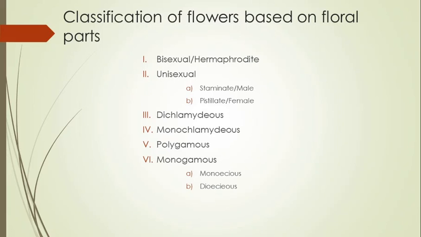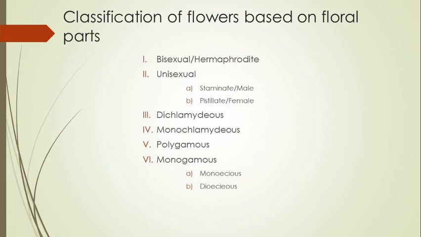So, based on the presence of these different parts that we have already mentioned, we find that flowers are given different terms to identify them. In bisexual flowers, the flowers have both the androecium and the gynoecium. So they are bisexual or hermaphrodite.